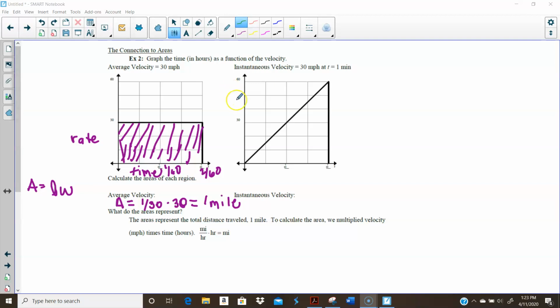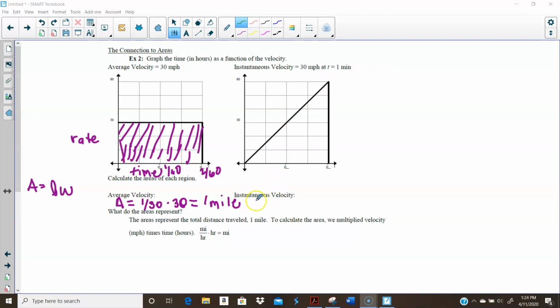Now we're going to look at the graph of the instantaneous velocity. So let's say she was not going a constant rate of 30 miles per hour. Let's say that she was at stop, and then at 1 minute, she's here at 30 miles per hour. And at 2 minutes, she's accelerated up to 60 miles per hour.